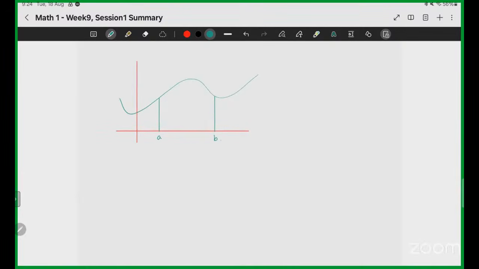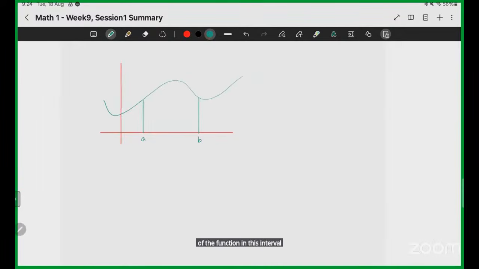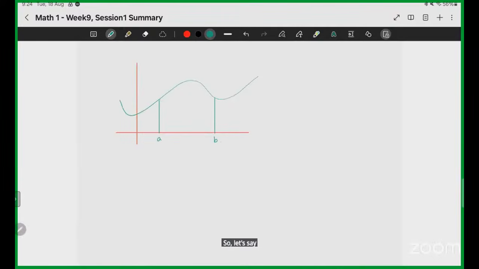If I don't know anything else, I can start with the following. I can look at the minimum value of the function in this interval. So let's say this endpoint corresponds to the minimum value.